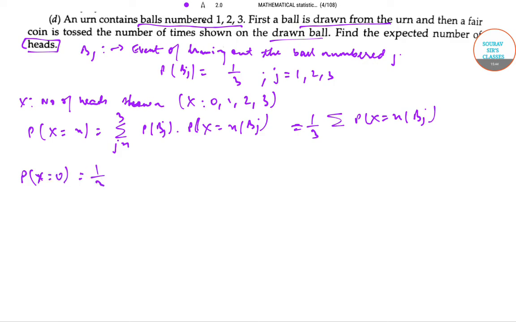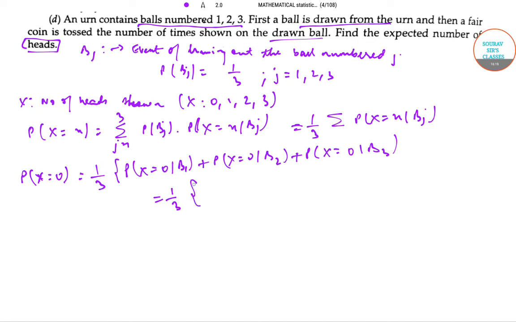So 1 by 3 into probability x is equal to 0 given the first ball is drawn, plus probability x is equal to 0 given b2, that is the second ball is drawn, plus probability x is equal to 0 given b3, that is the third ball is drawn.